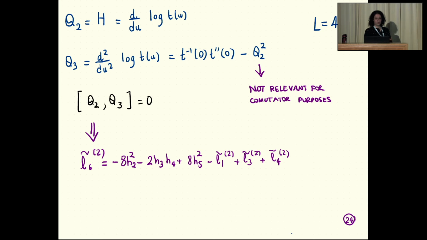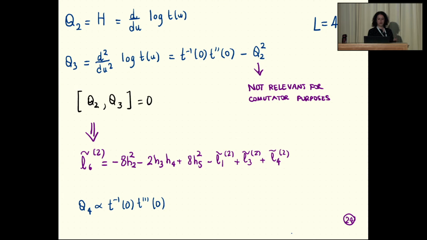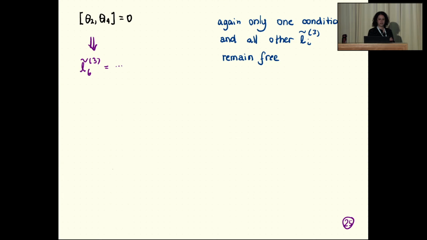If you go one more order, computing Q4 now, ignoring all the rest of the terms, and you require the commutator to be 0, you again find a condition for L6. If you keep going, you can always solve for this L6 element and forget the rest. The other ones are free, so you can basically choose them.